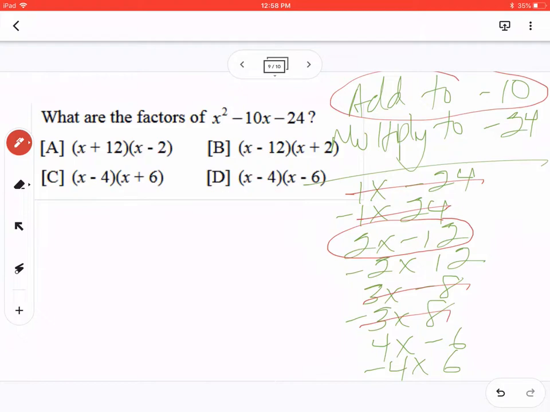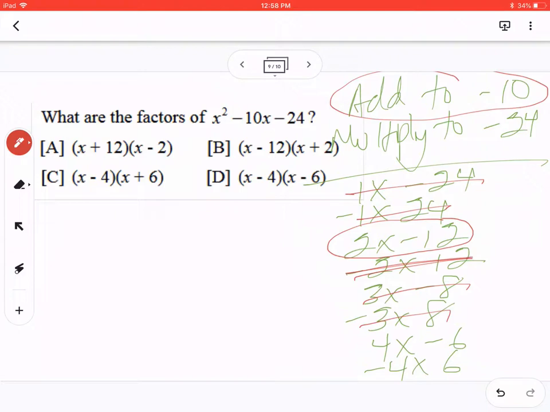The next one would not work because it's negative 2 and a positive 12. If you take negative 2 and add on 12, it would be a positive 10, and we want it to add to be a negative 10. So that option's out. If you take a look at these bottom options, I left them in because we know that 4 plus 6 is 10.